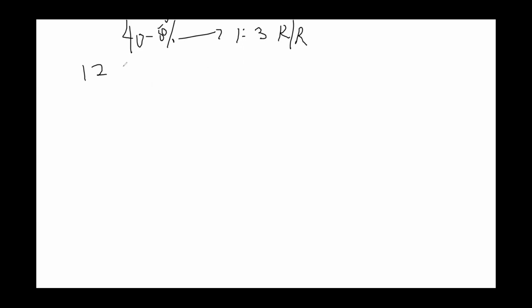So let's say you have 12 trades in a month, and you risk, let's say, 3%. If you win 40%, you're going to win 5 trades and lose 7. Or you're going to win 4 and lose 8. That's the average you can get, either of the two.